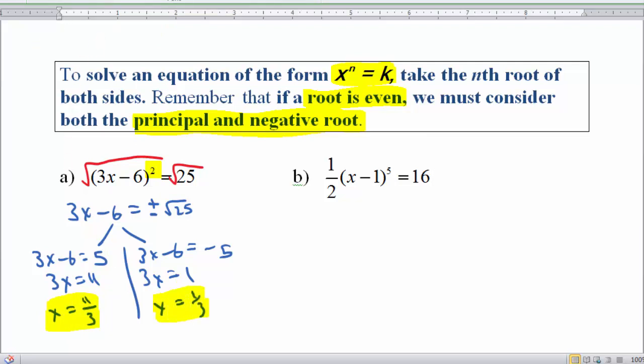Okay? And really the reason that you're breaking this up into 2 equations here is that, remember what we did. What is the square root of x squared? It's not just x. Remember, it was actually the absolute value of x. And do you remember what we did to solve an absolute value equation? We broke it up into two equations, right?